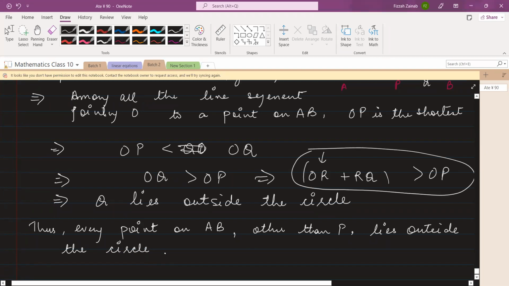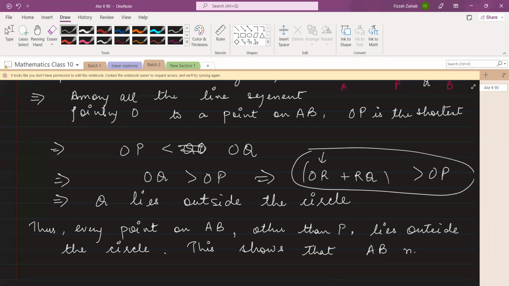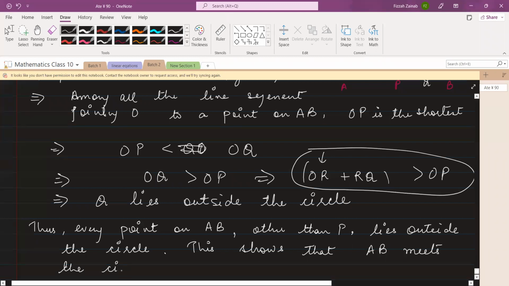Okay. So this shows that AB meets the circle only at point P. Is that clear?